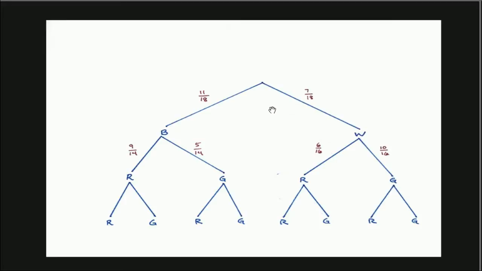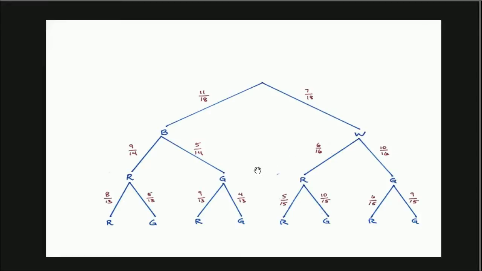Had we drawn a white ball from urn A, we would be drawing from urn C, where we had 6 red and 10 green. So the probability of drawing a red ball is 6 over 16, and a green ball, 10 over 16.